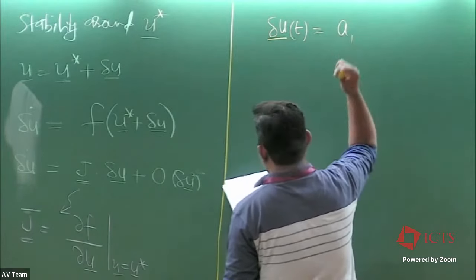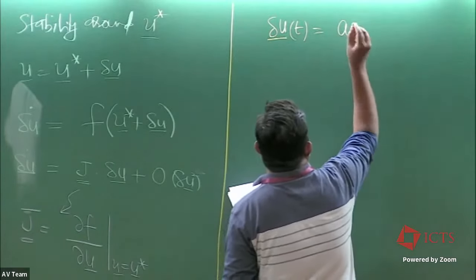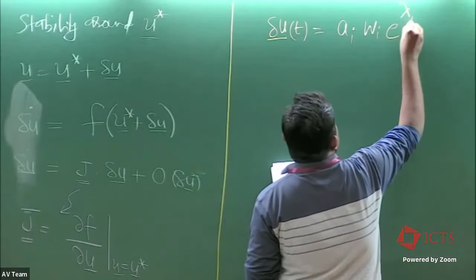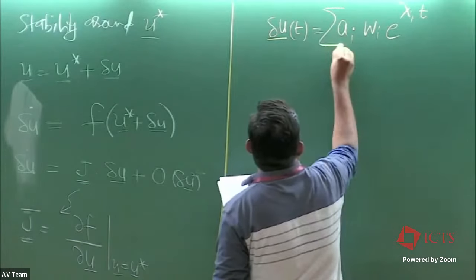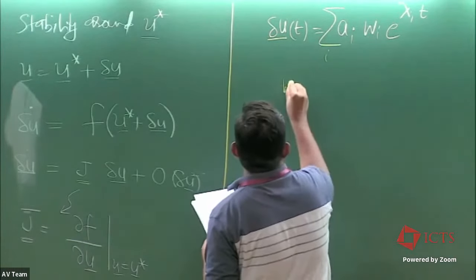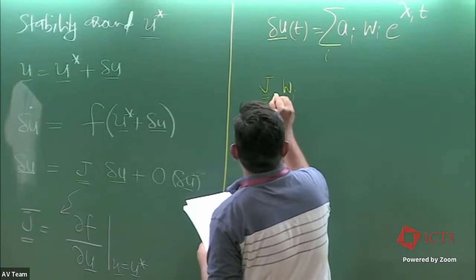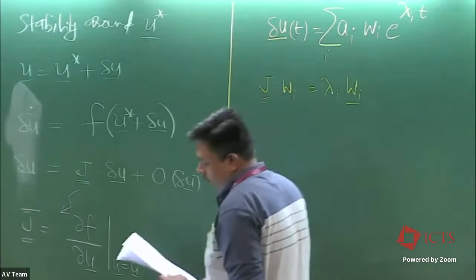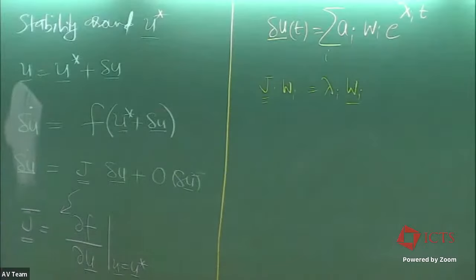Let's say I'll do it for a 2x2 system, but you can do it for any n by n: a sum of terms c_i w_i e to the lambda_i t, where the w_i are the eigenvectors with eigenvalues lambda_i. Okay, is it fine? Can everybody see through this?